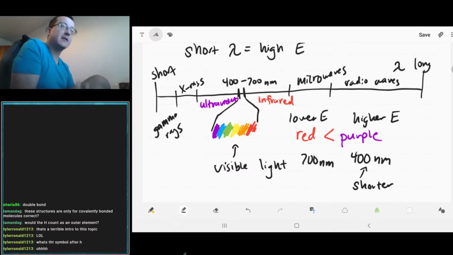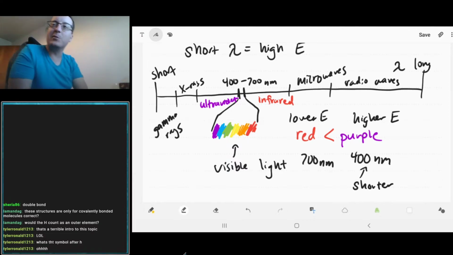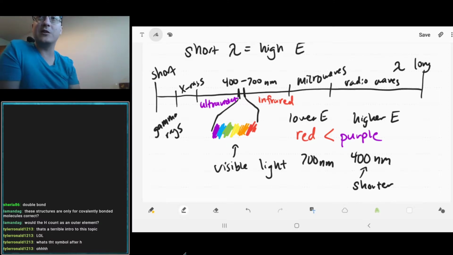So presumably this is not something that you should have seen before. Just understanding we have classes of light waves that we can describe, just saying visible light, it's going to be somewhere in that 400 to 700 nanometer range.